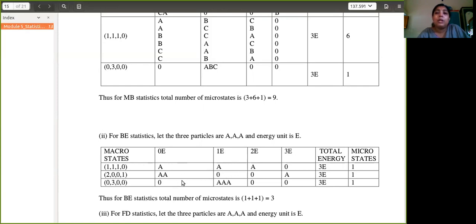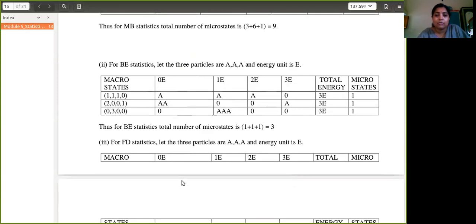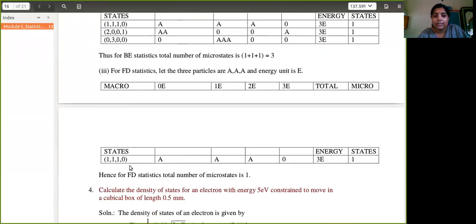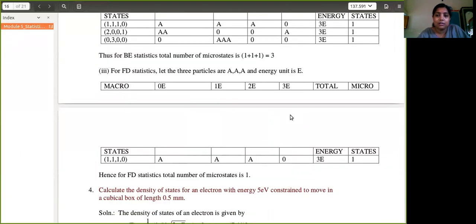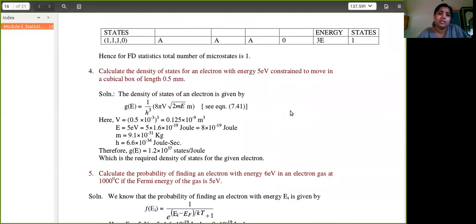Both of them will be excluded from the Fermi-Dirac statistics because they violate Pauli's exclusion principle. As you see, for FD statistics, we have only one macrostate and the corresponding one microstate. Okay, I think with these 3 examples, the concept of macrostate and microstate is clear to you.